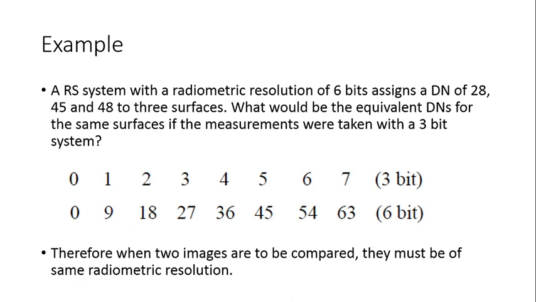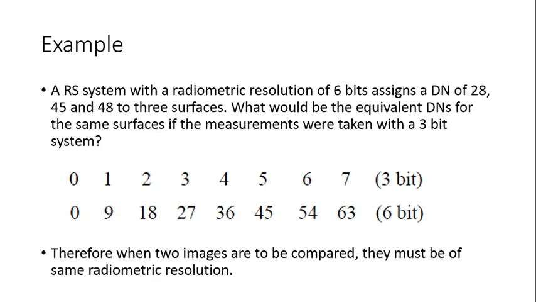If your application requires a low radiometric resolution image, where the details of the information are not that much required, then the coarser image is okay. If you are taking an image of a road, okay. But if you want to know where the pit is on the road, at that time you have to go for a finer resolution.